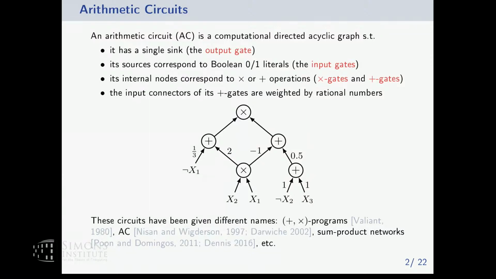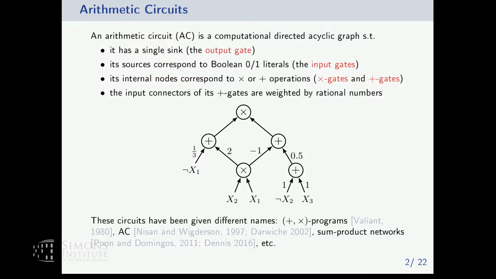Your inputs are labeled by Boolean literals, which will be 0, 1 variables here. We don't go with -1, +1, it's 0, 1. And your gates compute operations, so you get the product and the plus operation. An additional feature is that for your plus gates, their input connectors are weighted by some real numbers, and these can be negative, and this will be important.